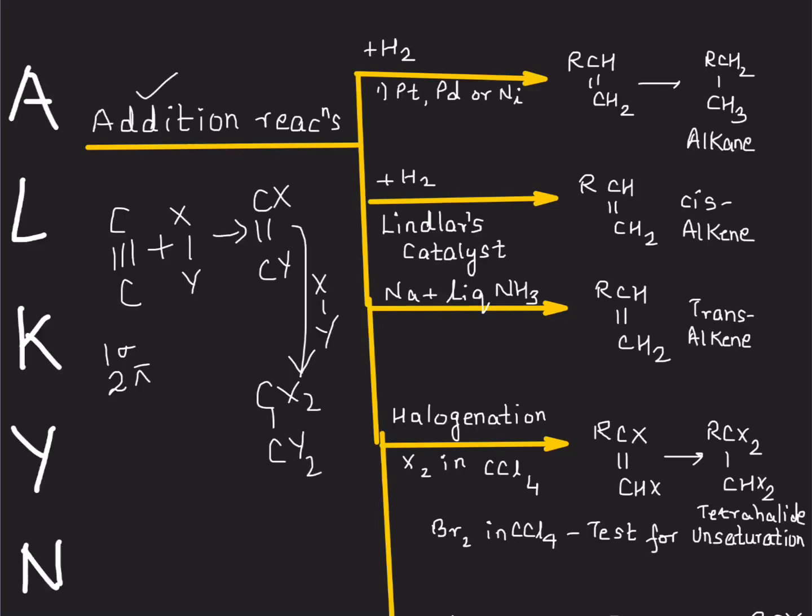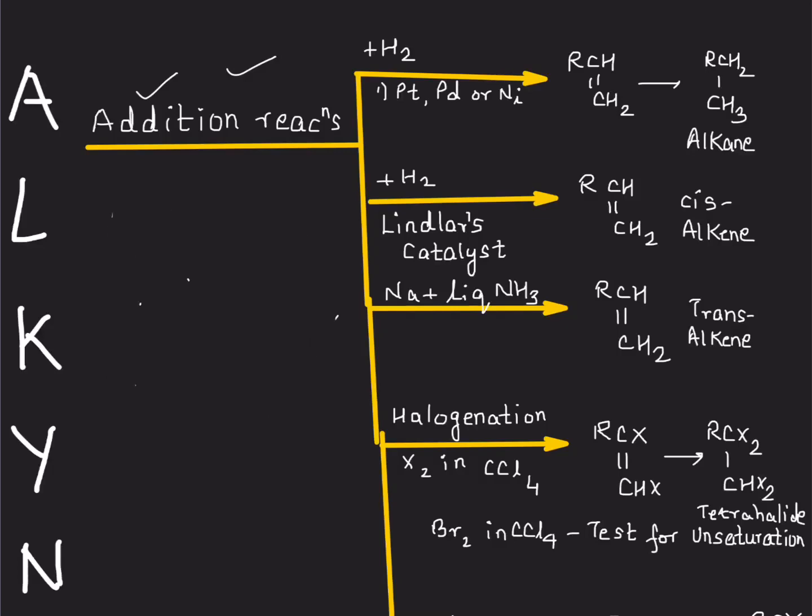So if you know the reactions of alkenes, you will be able to do this. I see some of you are already writing those reactions. That's super, giving a very happy feeling that yes, you know it. Great going.